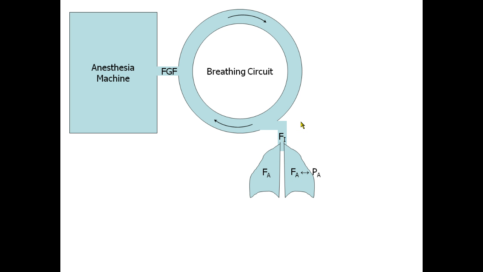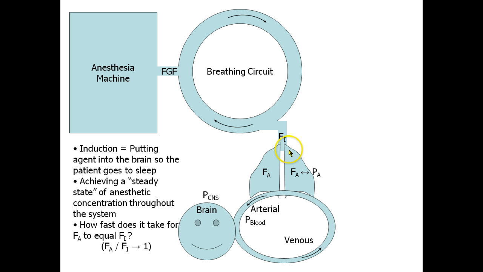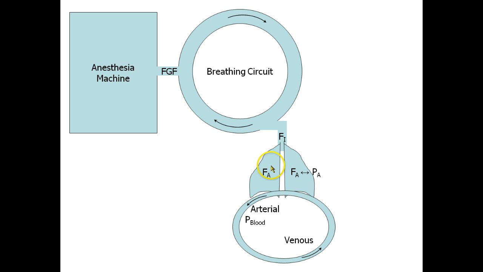But unfortunately, it doesn't end this simply, because there's a vasculature with blood, and the blood is going to pick up gas from the lungs and it's going to go into the blood as defined by some sort of solubility coefficient. And this will continue until the P blood is equal to the P in the alveoli, and the system is at equilibrium. But again, the system is more complicated because the patient has lots of tissues, including a brain.